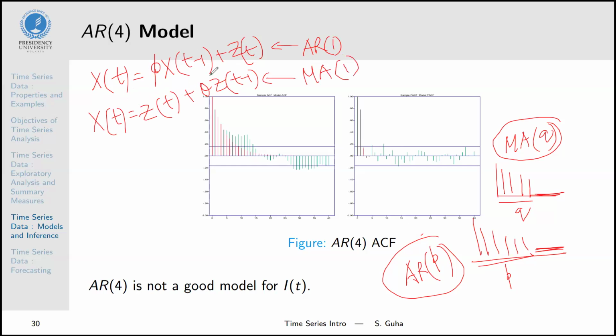Now what I will do, I'll combine the concept or the formula of AR and the formula of MA together. Suppose I give such a formula to create a model.